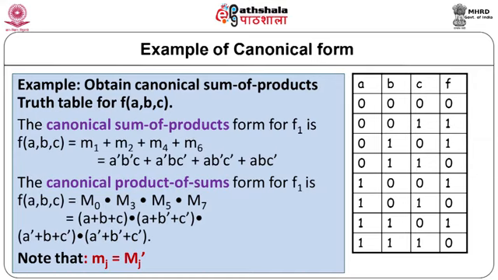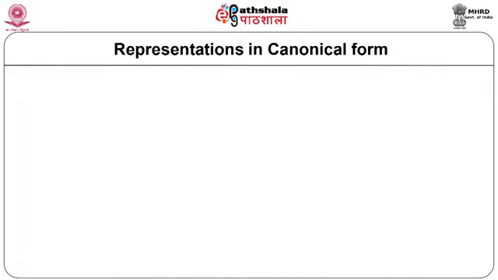From these two equations we can note that the min terms are equivalent to the complement of max terms or vice versa. Let us now take a suitable example to represent these canonical forms in symbolic notations. The function that we discussed on the previous slide is represented once again.